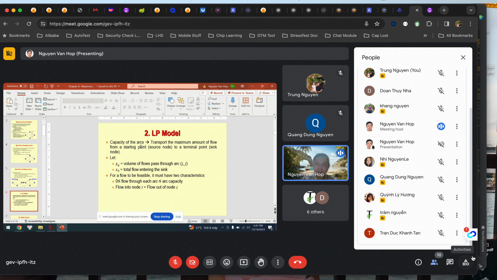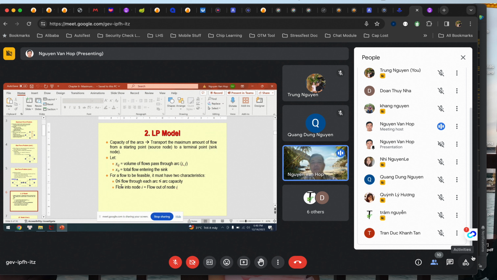That's the maximum amount we can carry on this arc. That's the capacity of the arc. Therefore, if we let the volume of flow passing through the arc (i, j) be x_ij, and x0 is a very special flow. That is the total flow entering the sink node. The sink node is the final node.